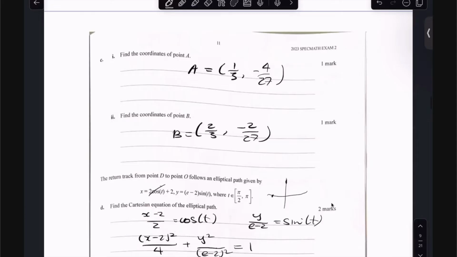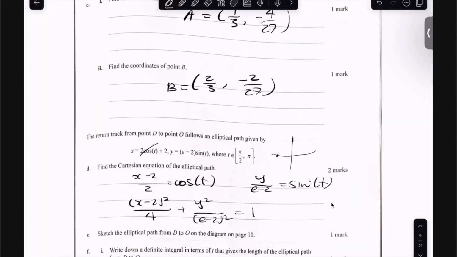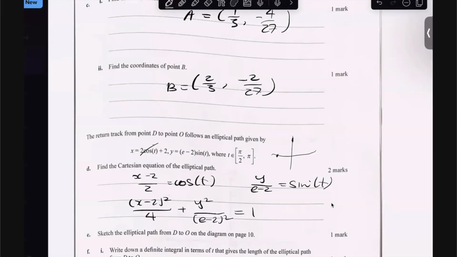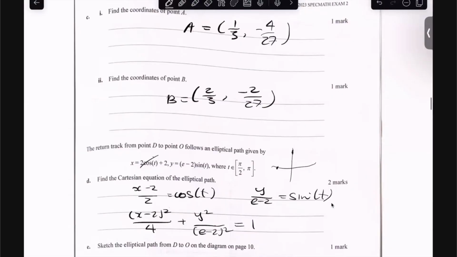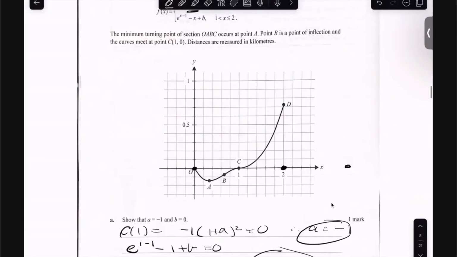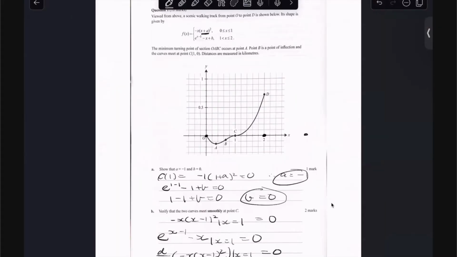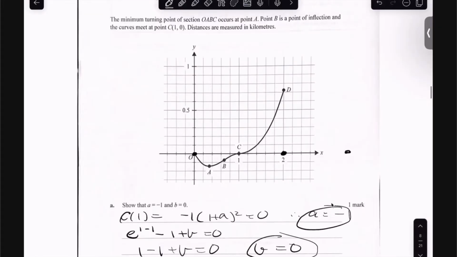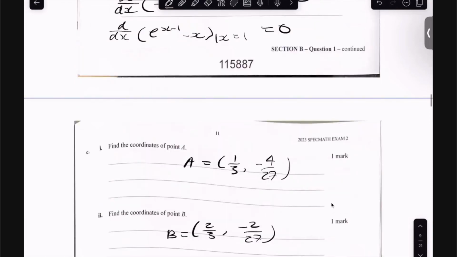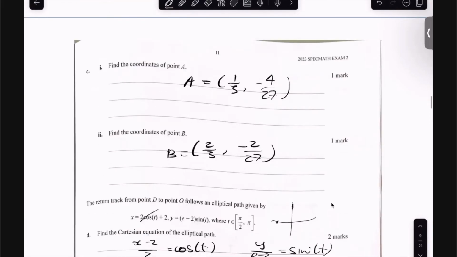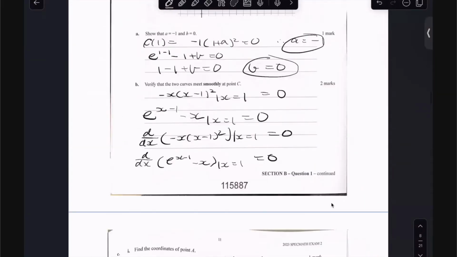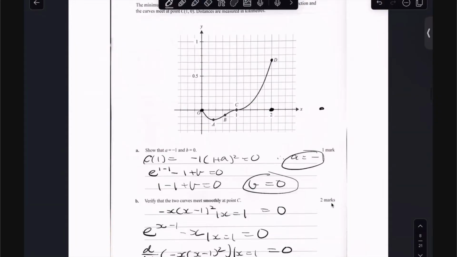And then when x is equal to 2, y is equal to its maximum. So that's just going to be e minus 1. And does it say it intersects with D? Is that e minus 1? The track from point D to point O. So yes, that's the starting point.